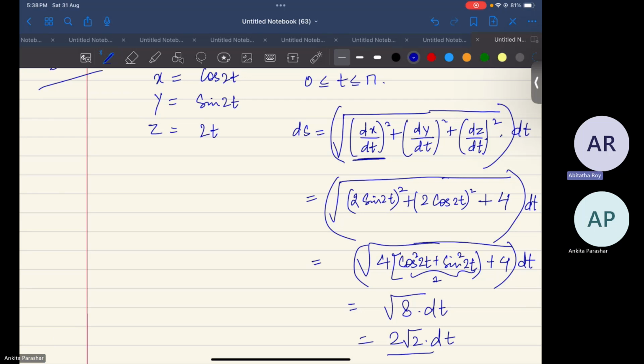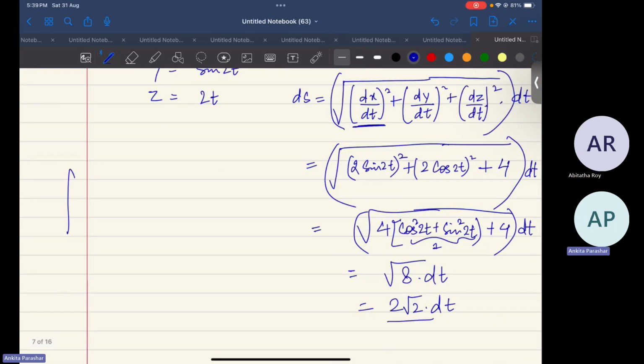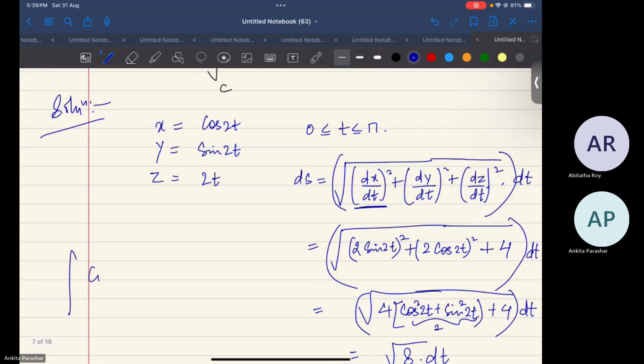Okay, so what we finally got is the integral. The function is x square plus y square plus z, so cos square 2t plus sine square 2t plus 2t, into dt into root 8.